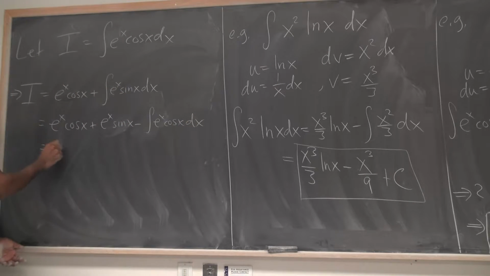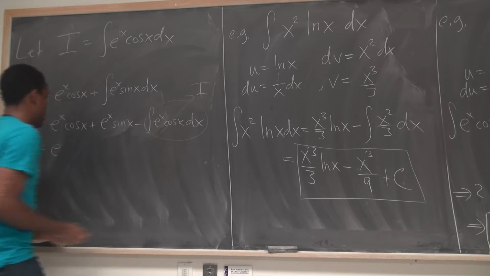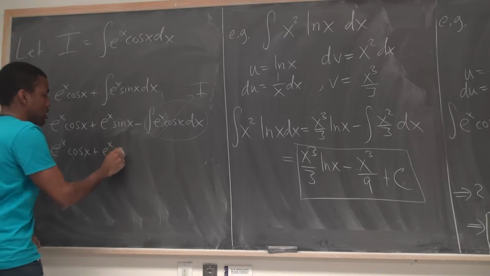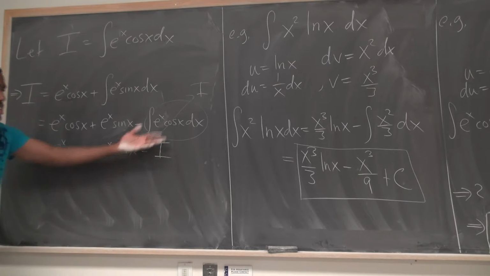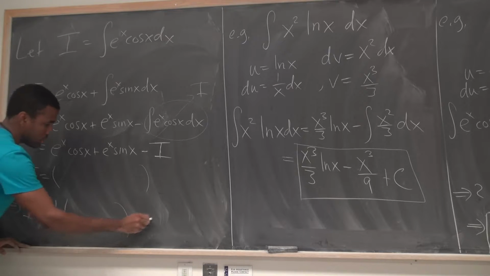And then you say, oh, that's what we started with. That's I. And so you'd have e^x cosine x plus e^x sine x minus I. Usually they just write I instead of that integral because they don't want to rewrite it all the time. Then you move it over, so you get 2I is equal to blah. And so I is equal to a half of blah plus C.